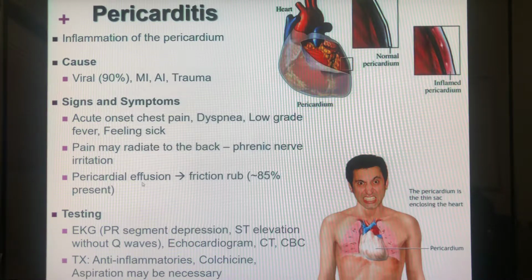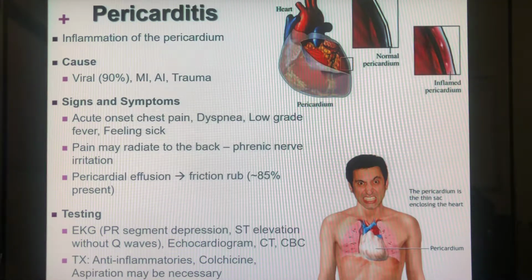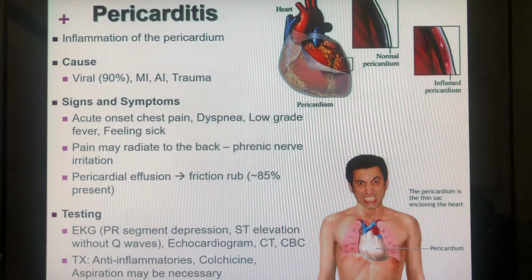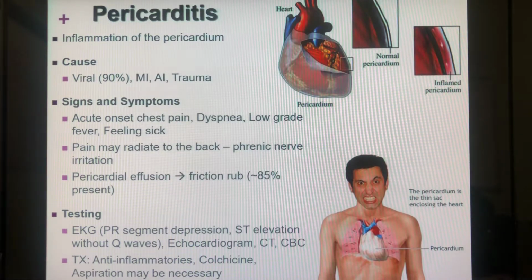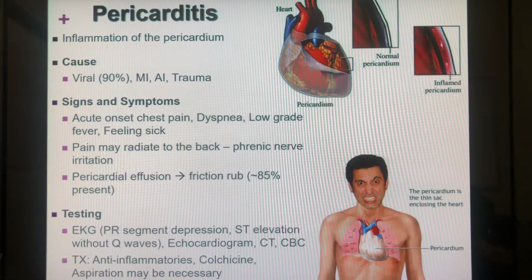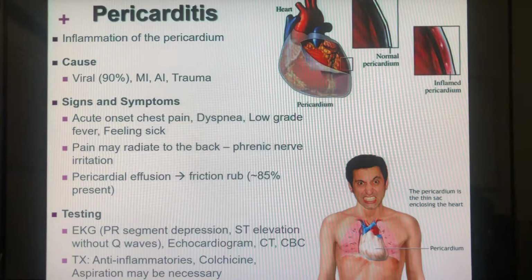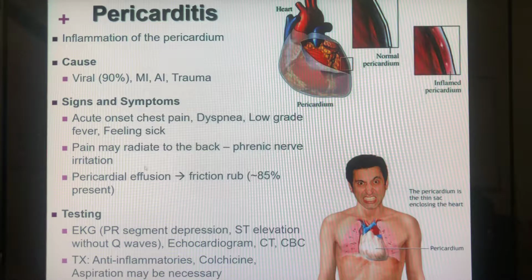So basically what we're talking about is a little bit of fluid that is also going to be exuded, more of a response to the friction. Anyway, so you could hear that. Obviously, that's a huge clue if you hear a friction rub, and all of these things should lead you to think, I can hear it with my stethoscope, this friction rub, and it should kind of bring you back to this clinical scenario of, okay, what could be the problem here?